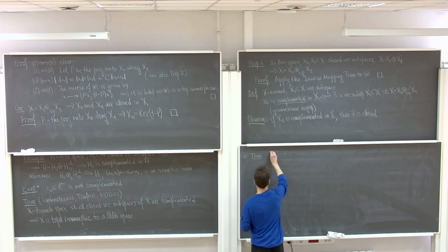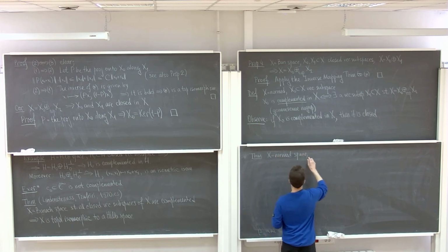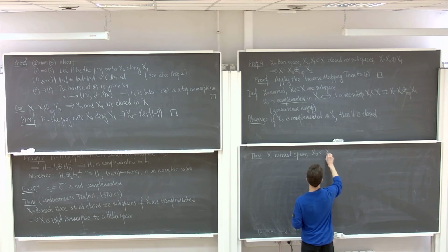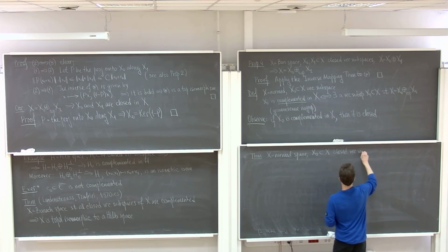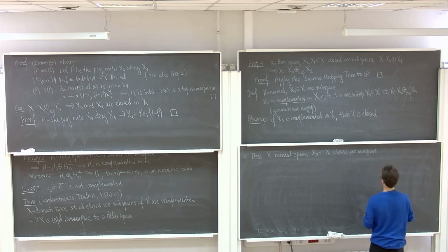Suppose that X is a normed space, and X0 is a closed vector subspace. Then the following conditions are equivalent.